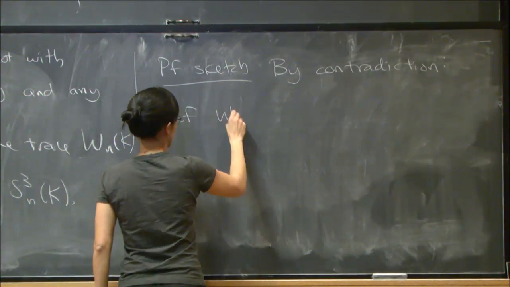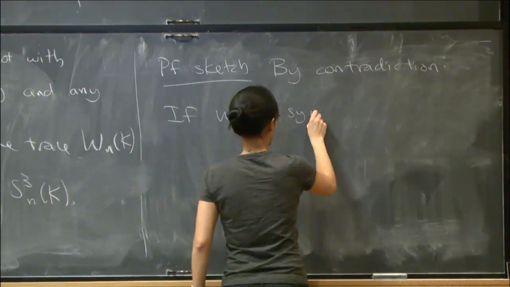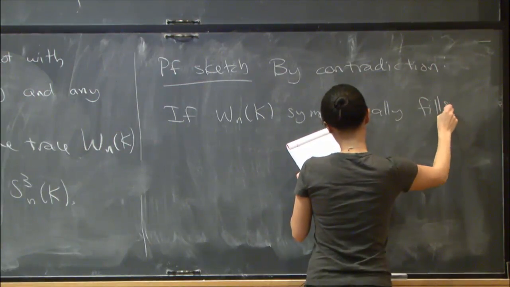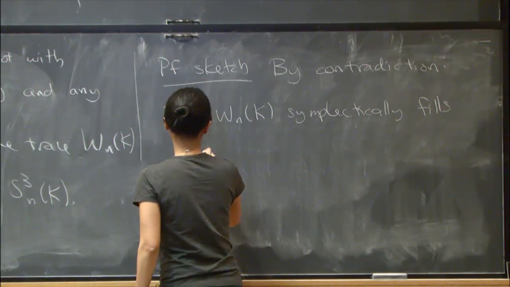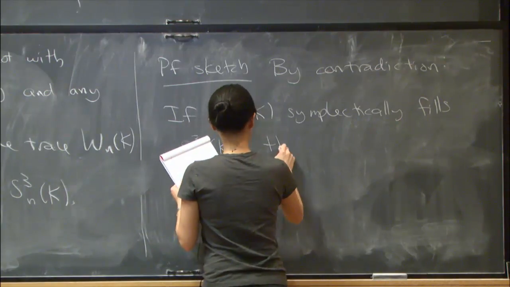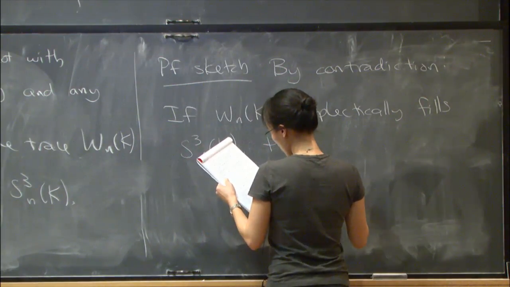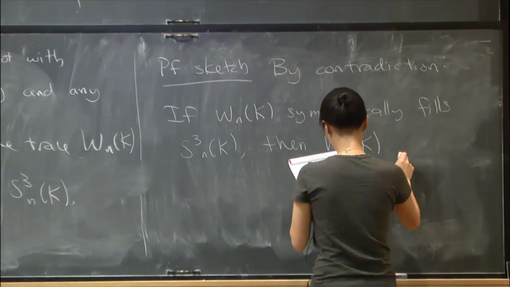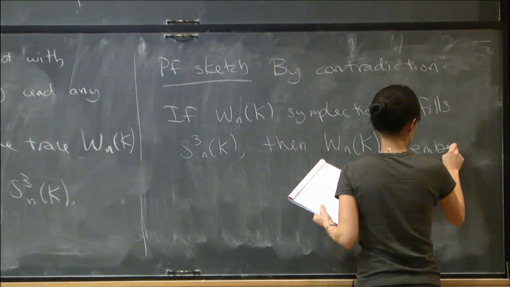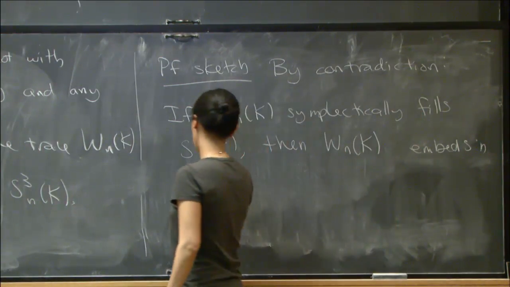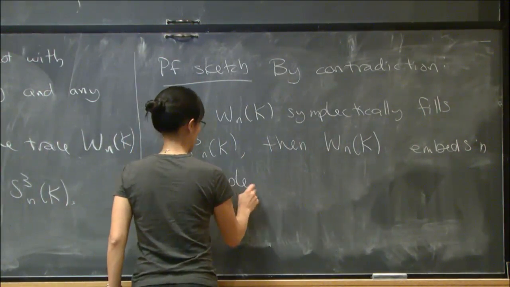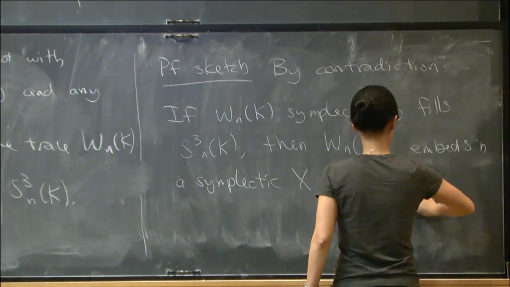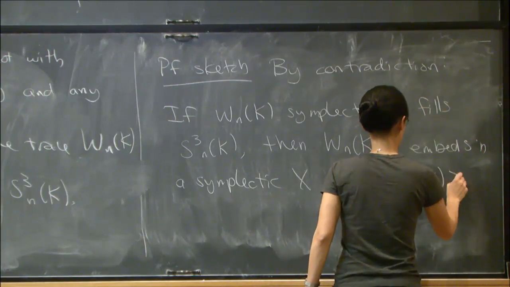So if the trace symplectically fills the surgery, then it turns out that the trace embeds in a symplectic manifold X with B2 plus at least 2.